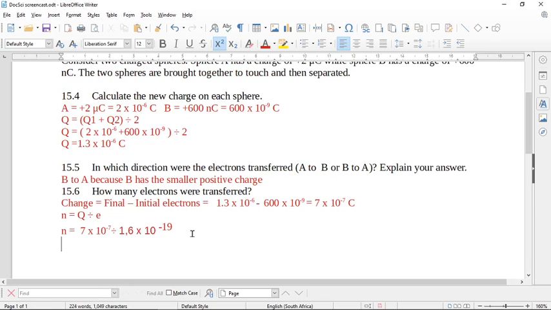And what will we get if we put this into our calculator? I get a very large number, 4.375 times 10 to the power of positive 12.